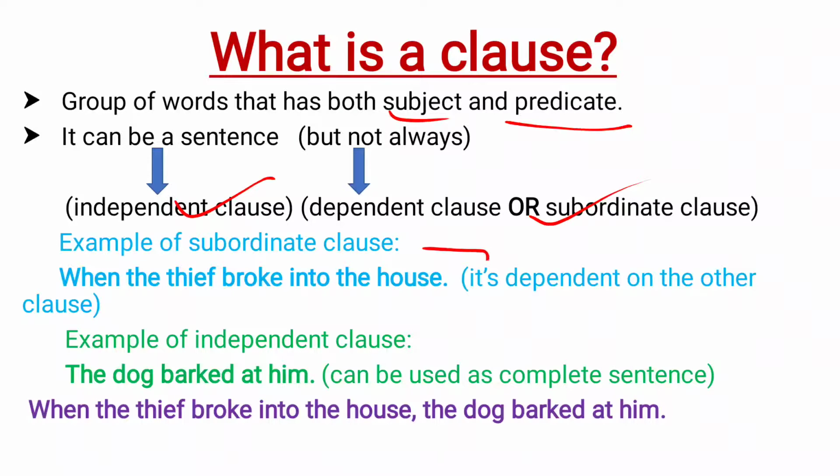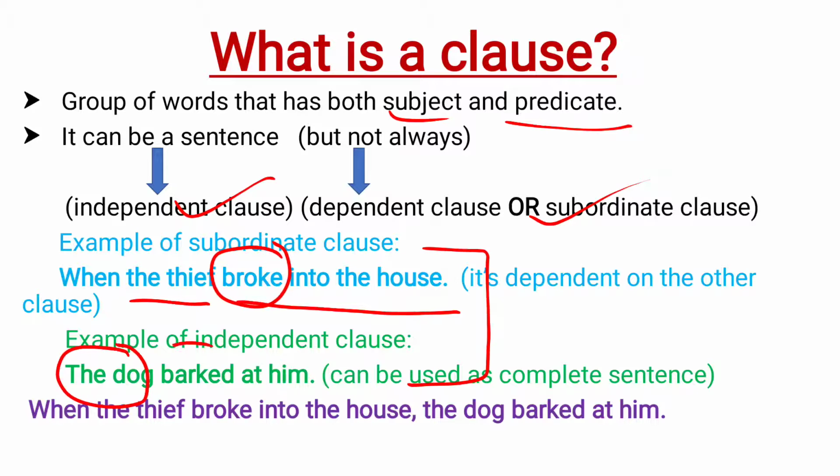What is the main thing which we need to notice here? In this subordinate clause, we have a subject and a predicate because it contains a verb. Similarly, in this independent clause, we have a subject and we have a predicate because this sentence also has a verb.